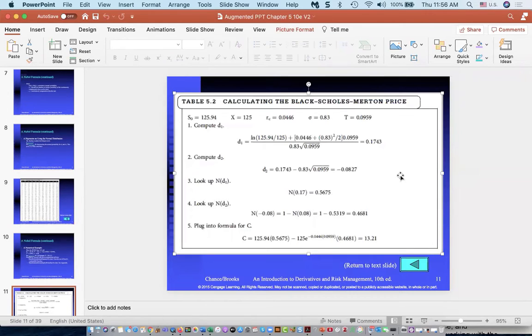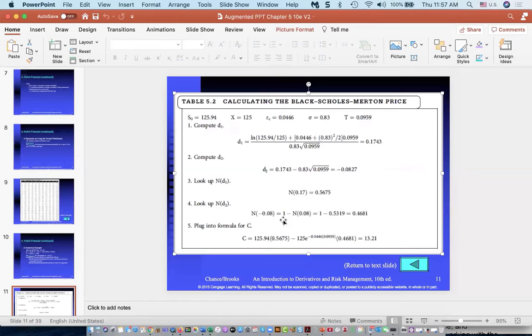For those of you who have gone through this part of statistics, how do we find the area for a negative number? You say 1 minus this number, right? So the normal distribution of negative 0.08 is 1 minus N of 0.08. Are you with me on this? That's the way you do it. You cannot find negative 0.0827 from the table, right?